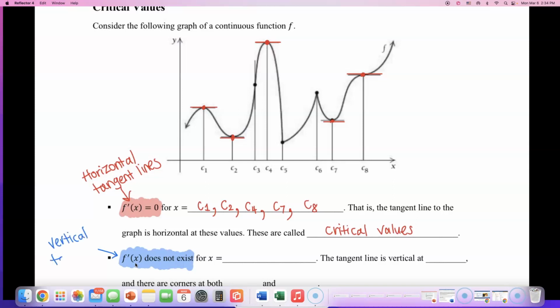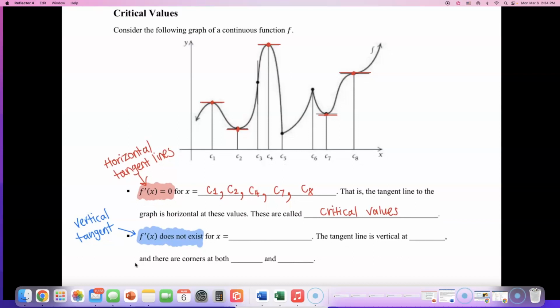Or, if we can't draw a single tangent line, those cases will be like a sharp corner. And I think I see a couple of the sharp corners here, like C6. But let's start with the places where we have a vertical tangent.